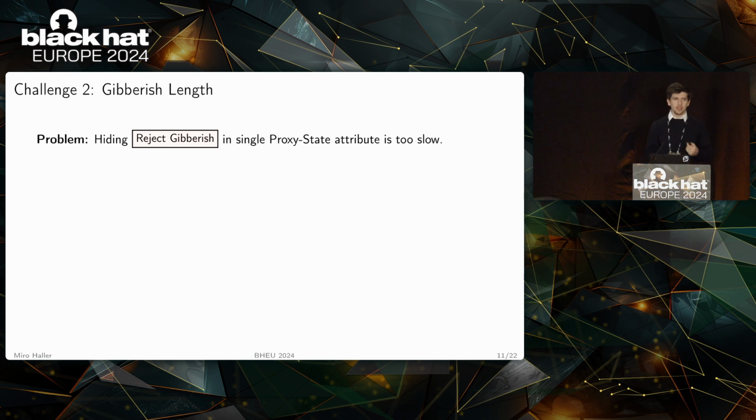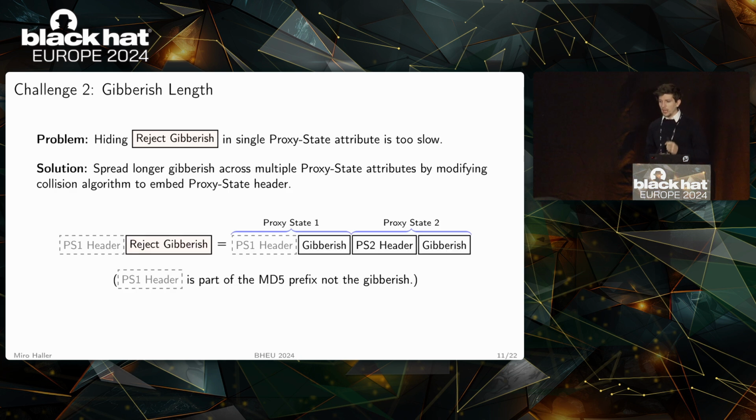But there we run into a second problem, which is that hiding the reject gibberish in a single proxy state attribute is actually too slow, because it would require us to create a very short reject gibberish string, which is expensive to do with chosen prefix collision attacks. And so the idea to get around this is that we spread the gibberish across multiple proxy states.